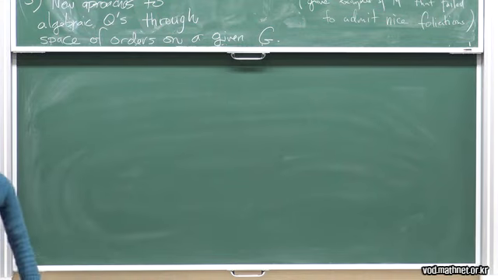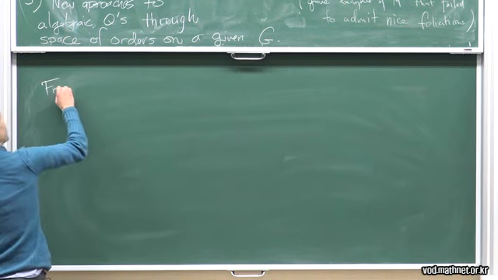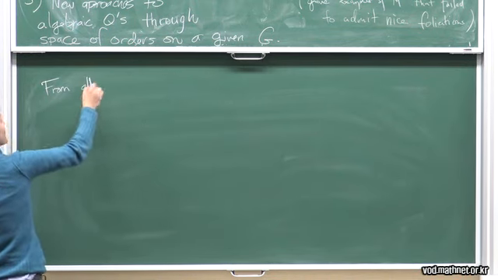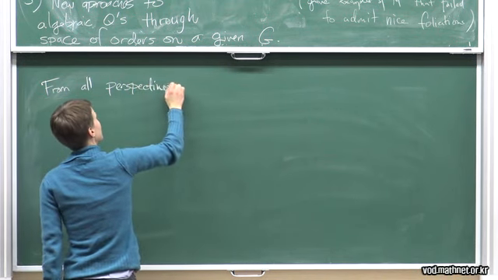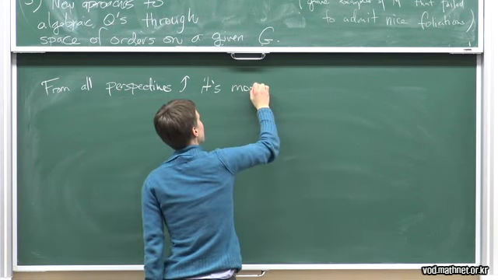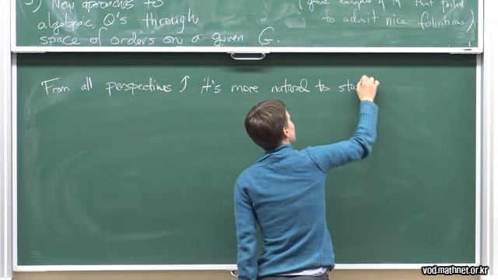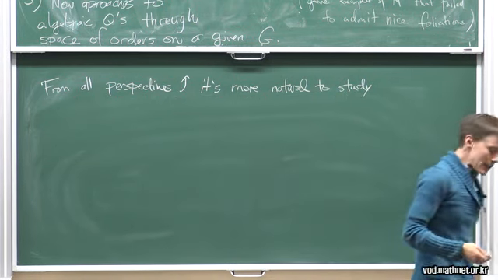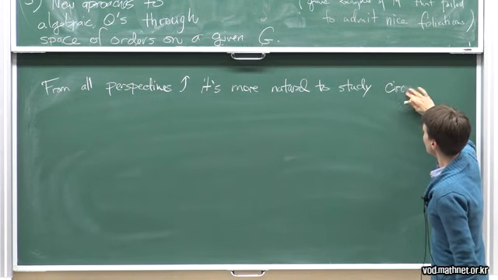But first I want to step back a little bit and advertise a more general concept. I think from all of these perspectives it's more natural. I claim from all perspectives above, 1, 2, and 3, it's actually more natural to study a slightly more general concept called a circular order.